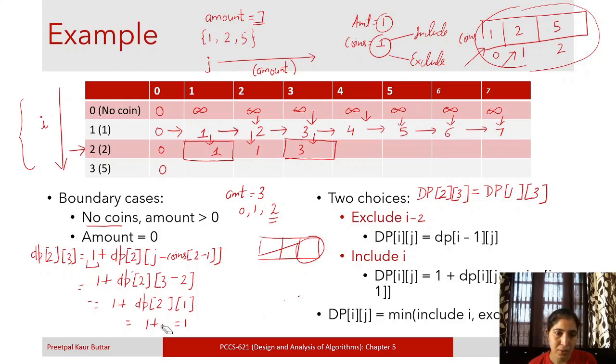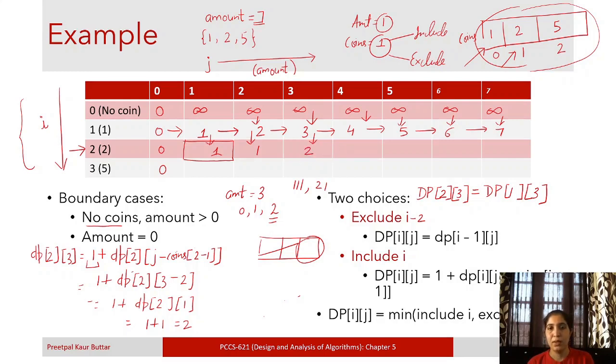So here it will be 1, that is we need a 2 rupee coin and a 1 rupee coin. The total number of coins will be 2. These are the two solutions, 3 and 2. 3 means you are using three 1 rupee coins without a 2 rupee coin, and the second is using a 2 rupee coin and a 1 rupee coin, so 2 coins, and out of these the minimum is 2.